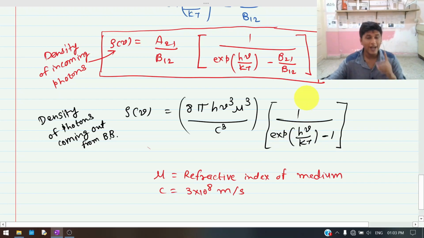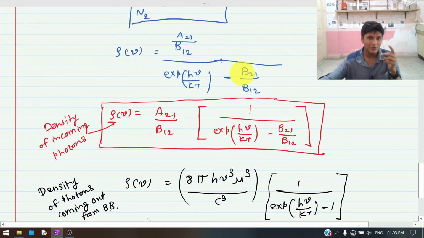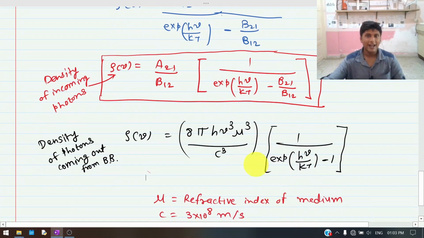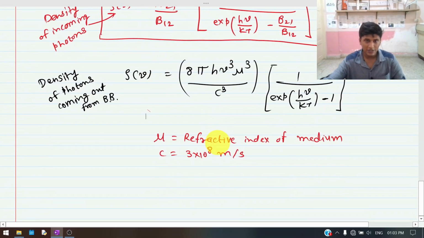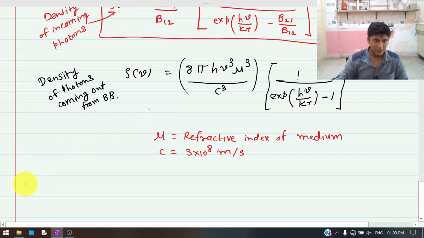Now you remember why we divided by B12? Because we wanted this exponential of h nu by kT here, because after that these two formulas will be similar, so B21 by B12 will be 1, and this ratio is equal to this. So I am writing the ratios.